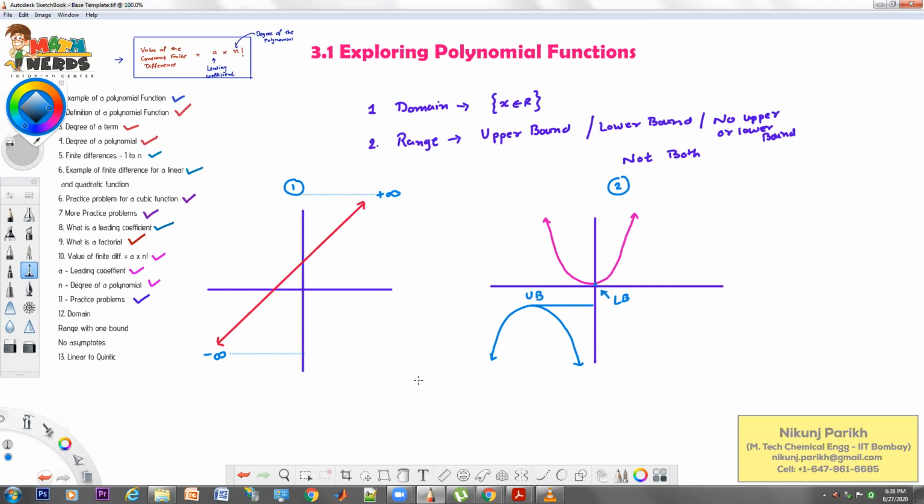But you cannot have both upper and lower bounds, which you normally see in the sinusoidal function, right? So in the sinusoidal function, you see both the upper and lower bounds. That doesn't happen in a polynomial function.